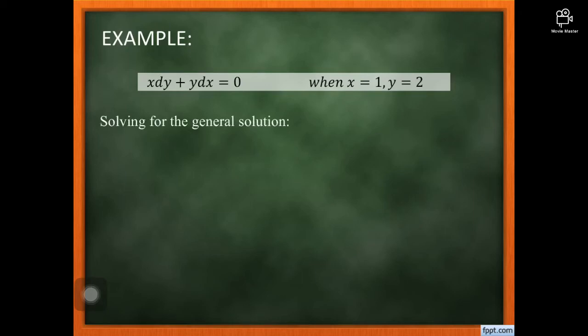To solve for the general solution, we need to divide both sides by xy, or in short, you need to find a way to eliminate the derivative in the equation.